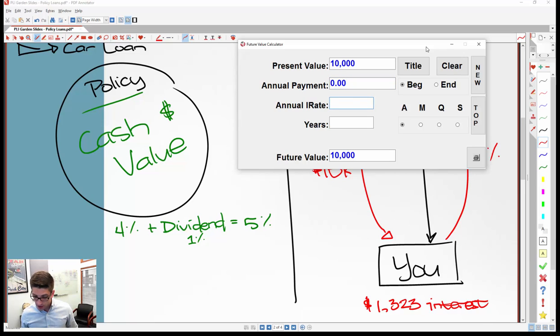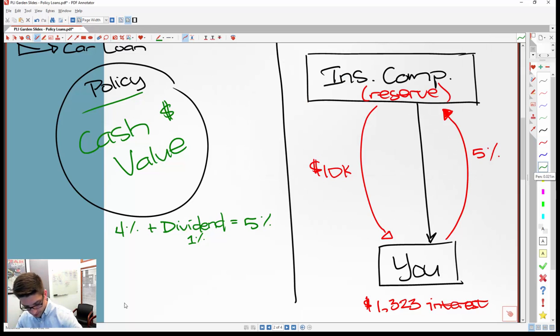That cash value, for our example here, is growing at 5% per year, and we're calculating all of that over this same 5-year period. Well, at the end of that 5-year period, our $10,000 has grown to $12,763, or you could say we had an earnings of $2,763. Okay, $2,763 was your earnings.